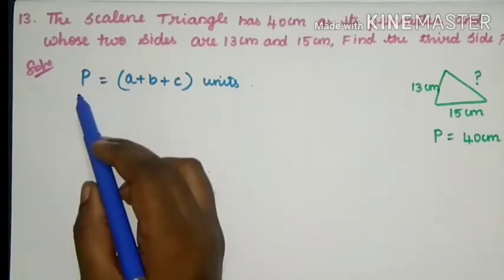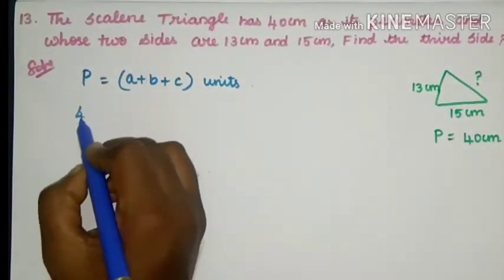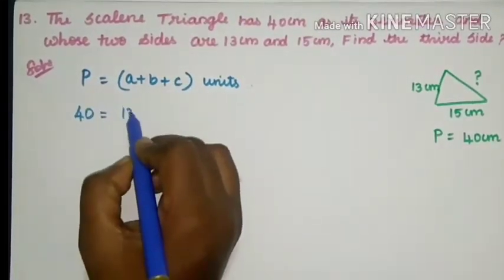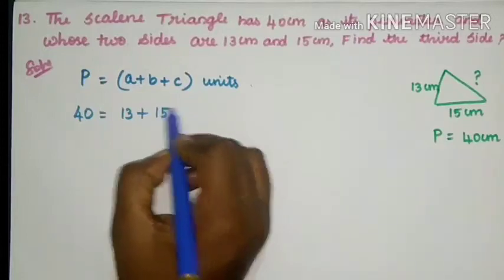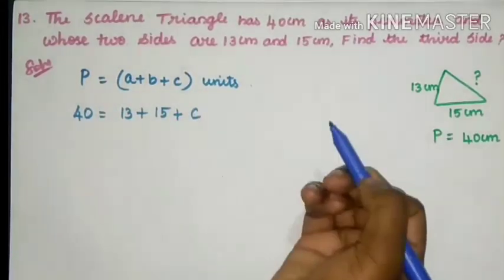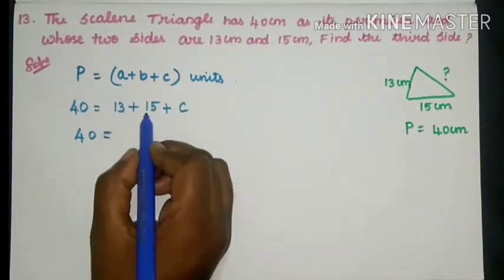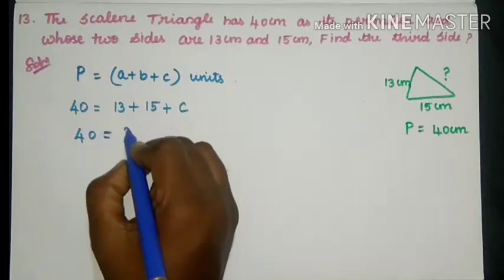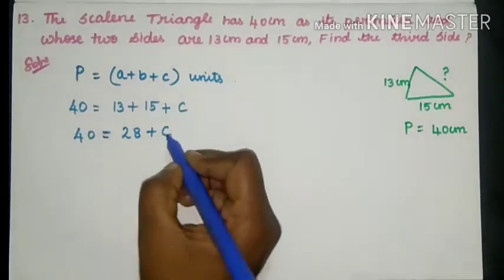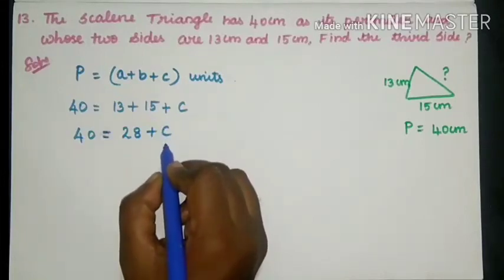But the perimeter value is given as 40 centimeter. Therefore, P is equal to 40, A equal to 13 plus B equal to 15 plus third side is not given. So, you have to write here C. 40 is equal to 13 plus 15 is equal to what? Yes, 28. 28 plus C. We have to find the unknown value, that is the third side of the scalene triangle.